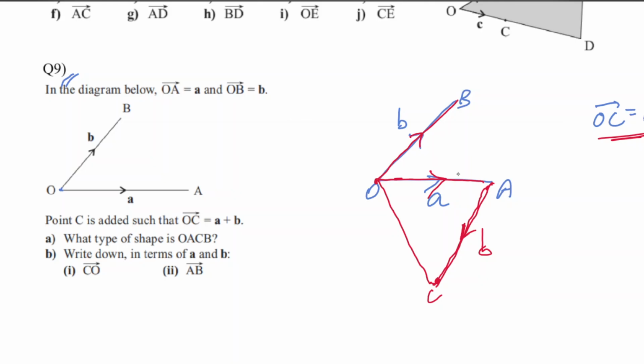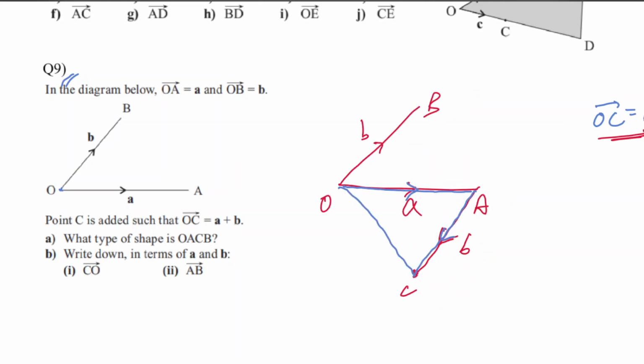We just made one point over here such that this line and this line are actually parallel, and I'm drawing it opposite to that because I need A plus B. OC should be A plus B, and I'm labeling this as C. Now you can see that this is A and this is B. So A same direction, B also same direction. So A plus B, so this is OC.